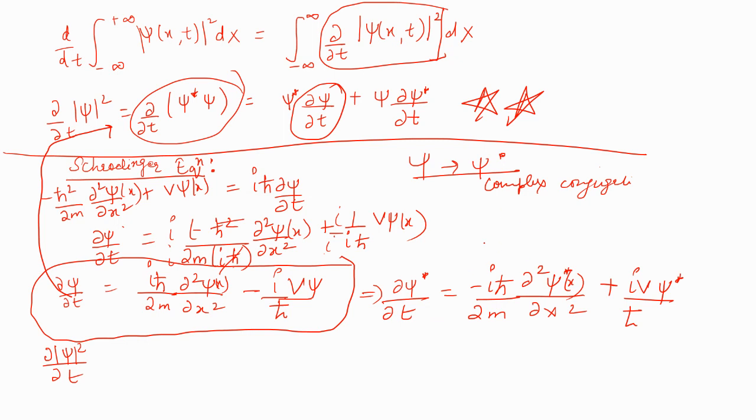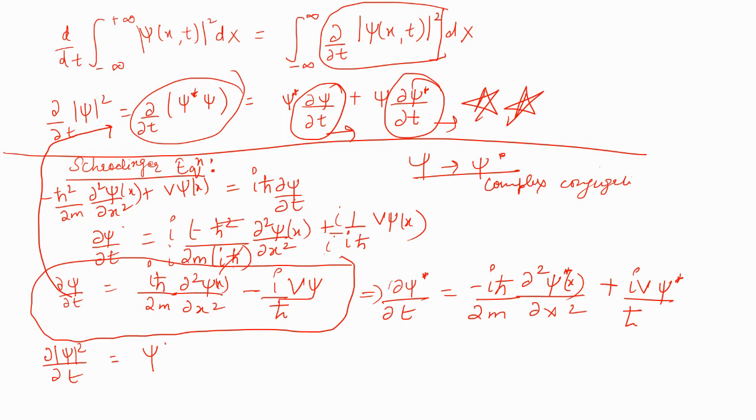Now I should know the values of d psi by dt and d psi star by dt. For that I went to the Schrodinger equation and found both values. Now I am putting the values here: psi star.